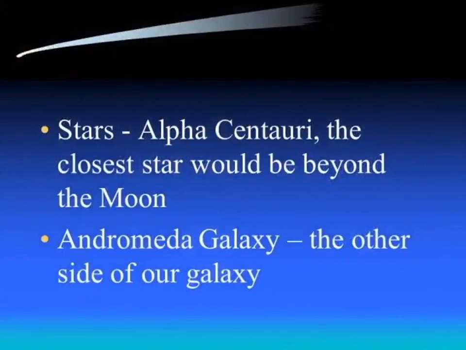Now, if I want to think about the nearest star, which is Alpha Centauri, then I would have to go all the way to the moon. Wherever you started, the distance between you and the moon is how far that nearest star would be. And unfortunately, that nearest star is visible from the southern hemisphere, not the northern, so we can't see it. And then if I wanted to see how far the Andromeda Galaxy is, it would be on the other side of our galaxy relative to where you were, with the sun as the center.